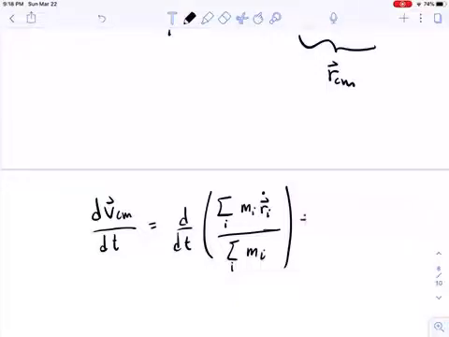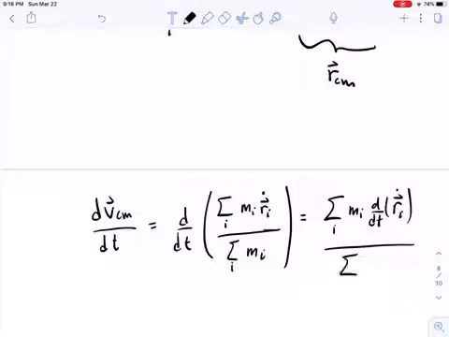And so this would be the sum of i, mi, and then d by dt of ri dot, and then we divide by the sum of mi. But the derivative of ri dot is just ri double dot.